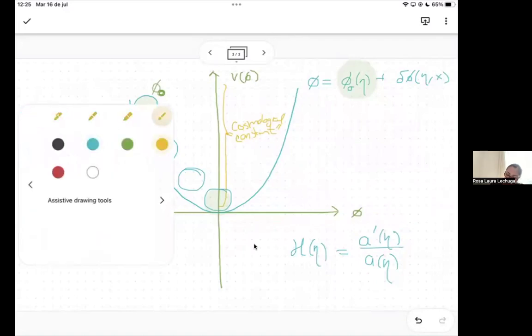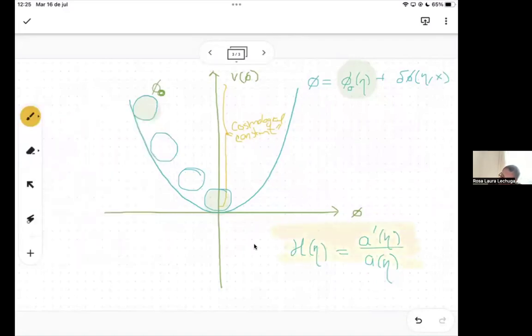Using this expression, you can realize that the damping part comes from the gravity sector. It is the damping part for this zero mode of the inflation field that we can think of as a particle.